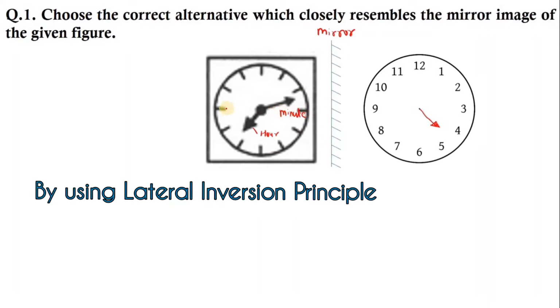In this way we get the reflected image of the minute hand, in between 9 and 10. So this is the reflected image.